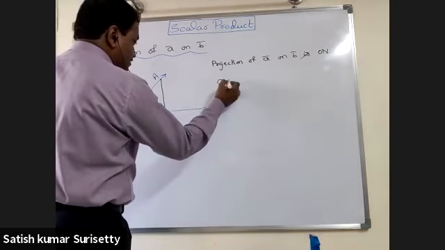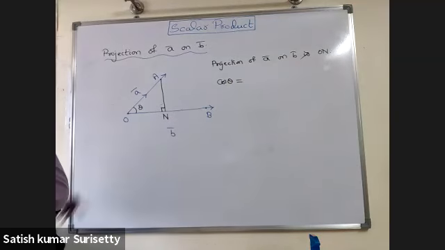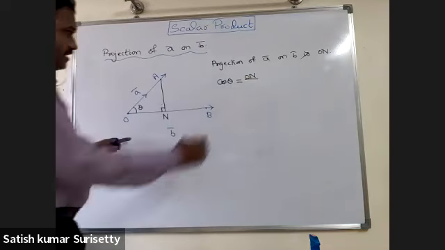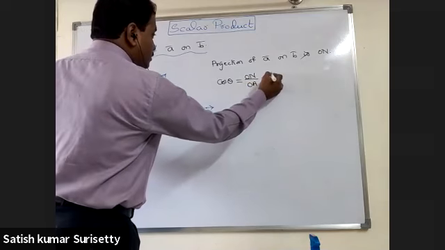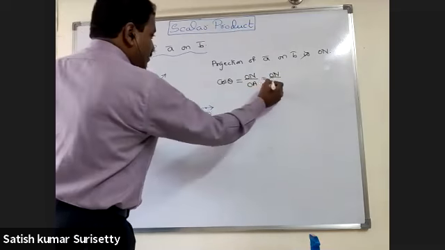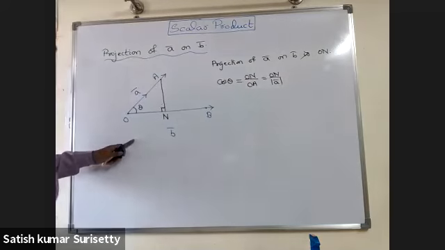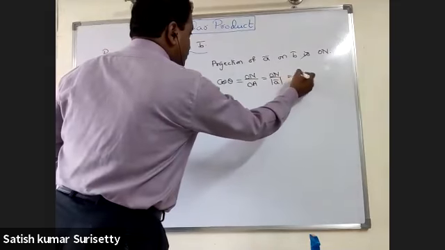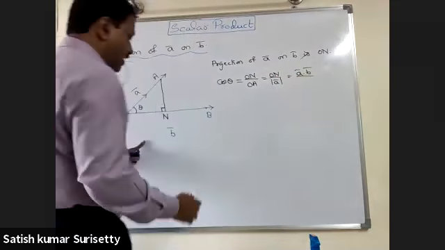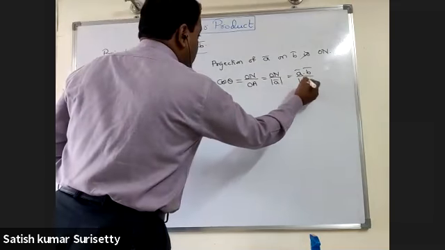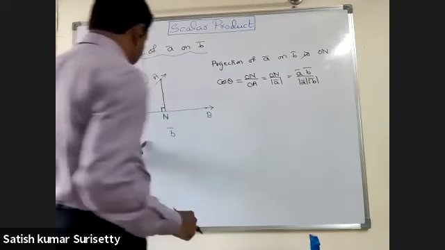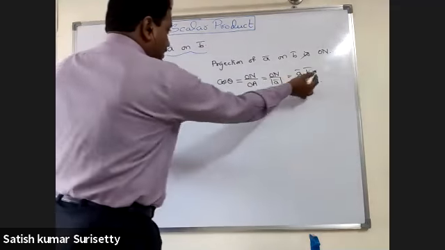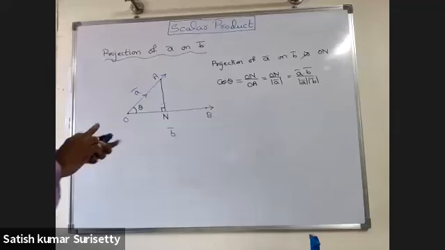Cos theta equal to ON upon OA. That is, ON upon OA is what? Modulus of A bar. And cos theta, the angle between the two vectors, is A bar dot B bar upon modulus of A bar modulus of B bar.